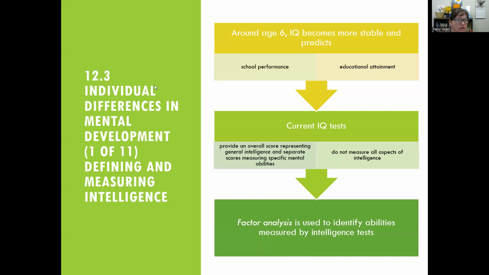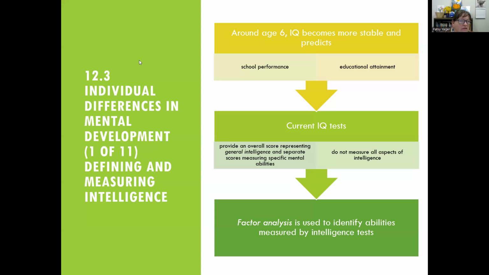We're talking about individual differences in mental development, defining and measuring intelligence. Around age 6, the IQ becomes more stable and it can predict school performance and educational attainment. It's a little bit difficult with children that young to really get an accurate idea of what their intelligence really is.